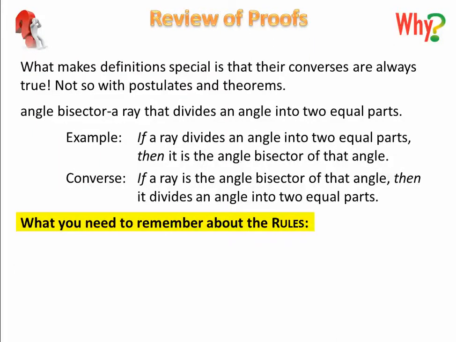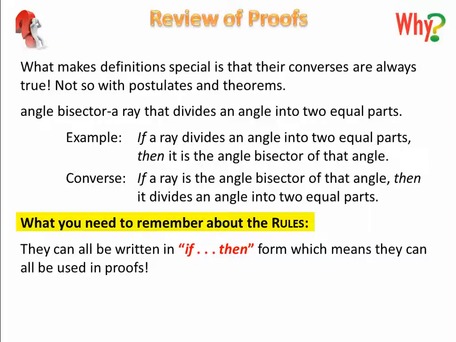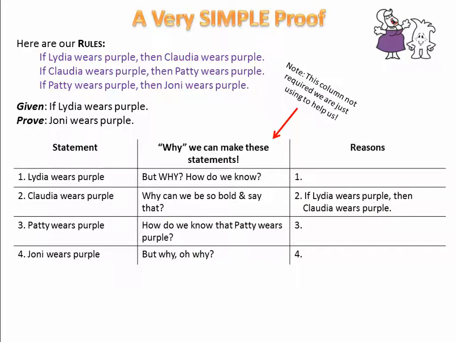Now, what we need to remember about rules is they can all be written in if-then form, which means they can all be used in proofs. Because for your reasons, you need to be able to write them in if-then form. If you remember back from Unit 2 when we went through this, I'm just going back over it again.